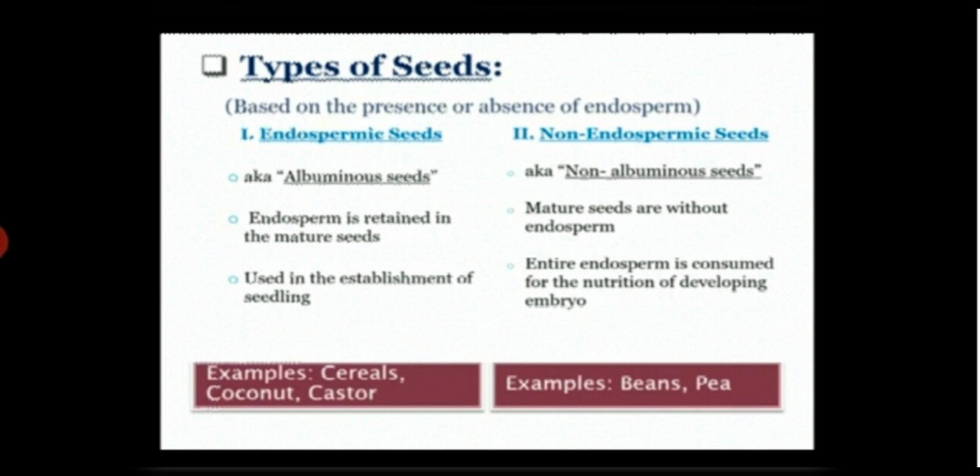At maturity, it is absorbed, so the mature seeds are without endosperm. The entire endosperm is consumed for the nutrition of the developing embryo. Examples are beans and peas. In peas and beans, we can consume the entire seed, but in endospermic seeds, we can't take the entire part of the seed. So it is clear to you now.